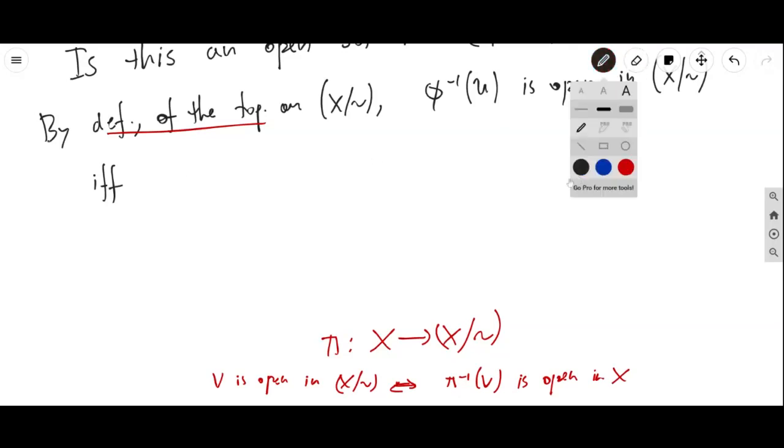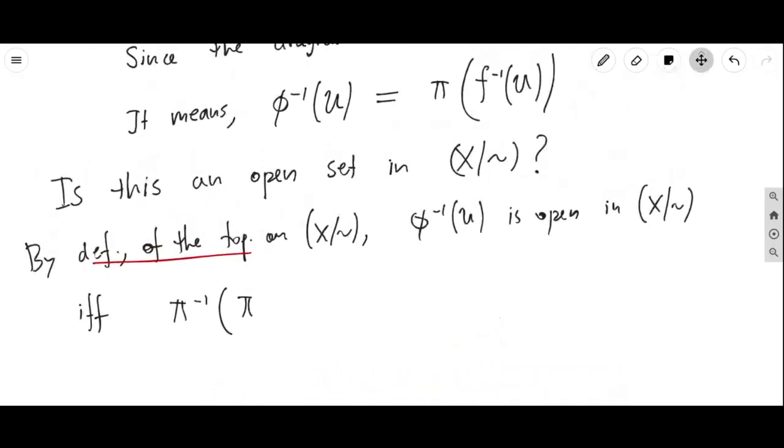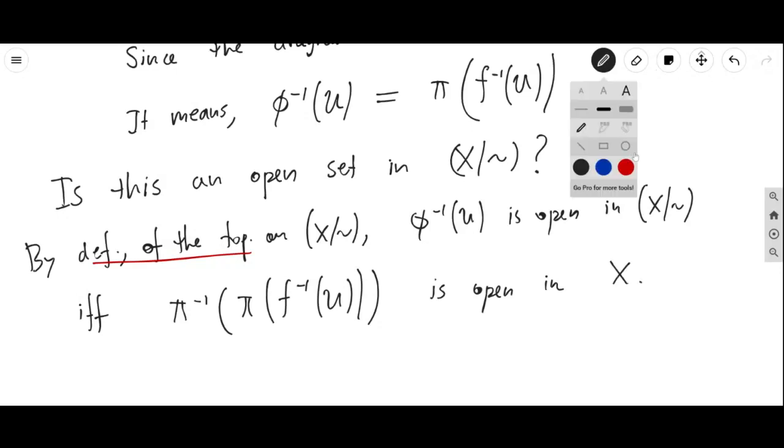So if and only if pi inverse of pi f inverse of U is open in X, right?